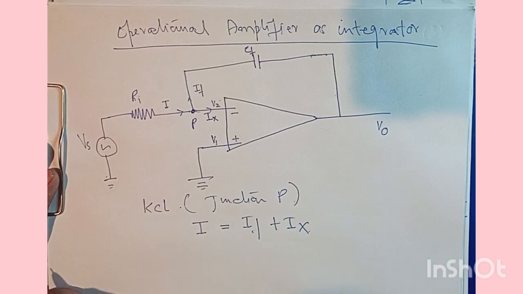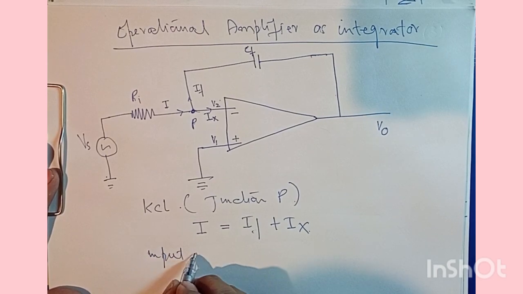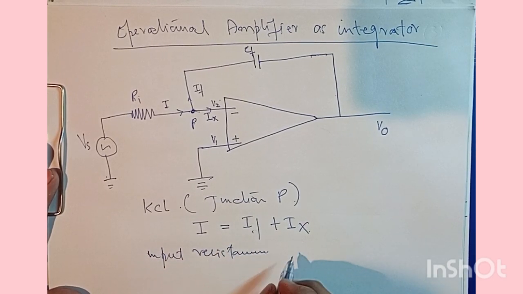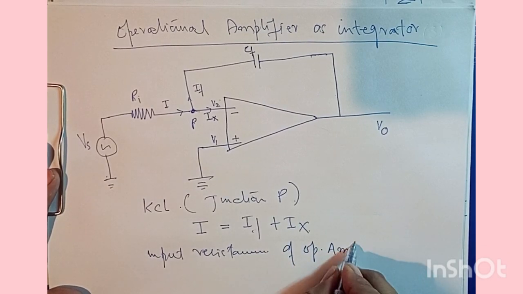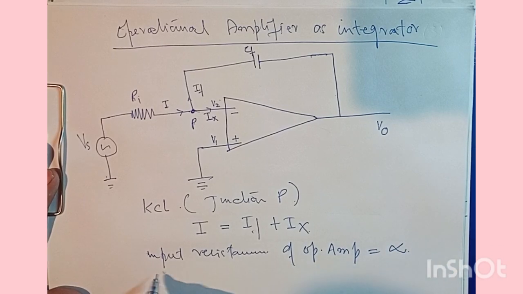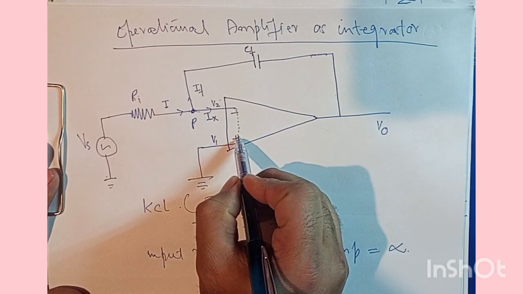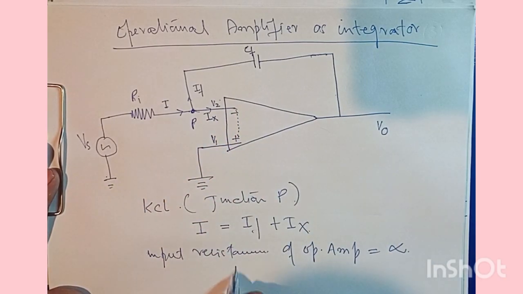Now, as we know that the input resistance or impedance of an ideal operational amplifier is infinite, we can think of Ohm's law and realize that IX is zero for this situation.